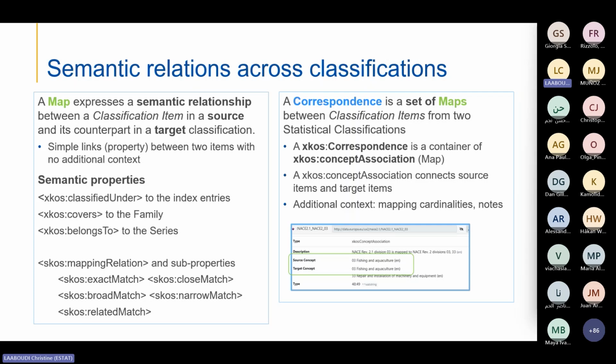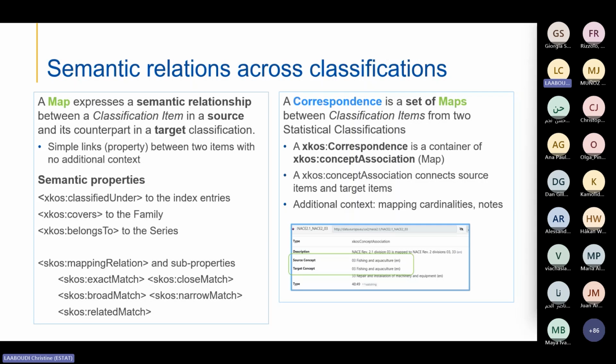We can link the classification to the classification family, or the concept scheme to the series. But we can also connect the item to an item in a corresponding classification. So for instance, NACE 2.1 to NACE 2, or NACE 2 to ISIC.